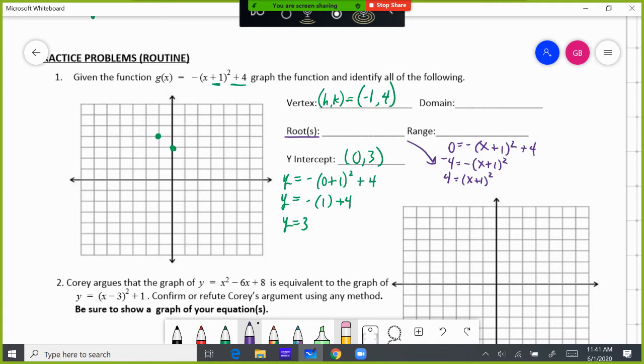Then you're going to find the square root of both sides. So plus or minus 2 is equal to x plus 1. And then you're going to subtract 1 on both sides. So -1 plus or minus 2 is equal to x. Those are your x-intercepts.